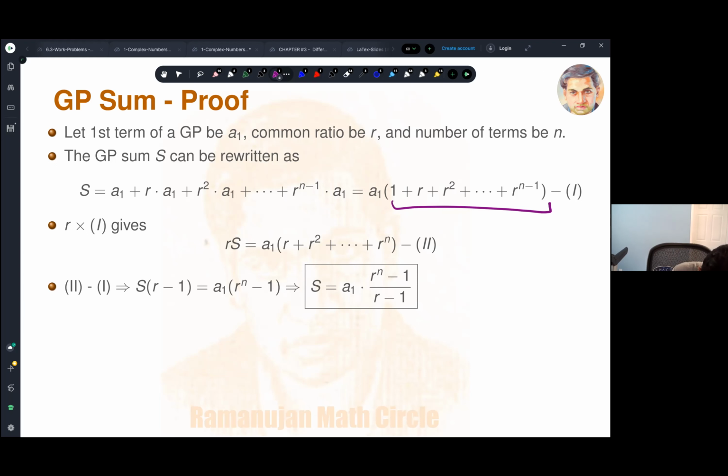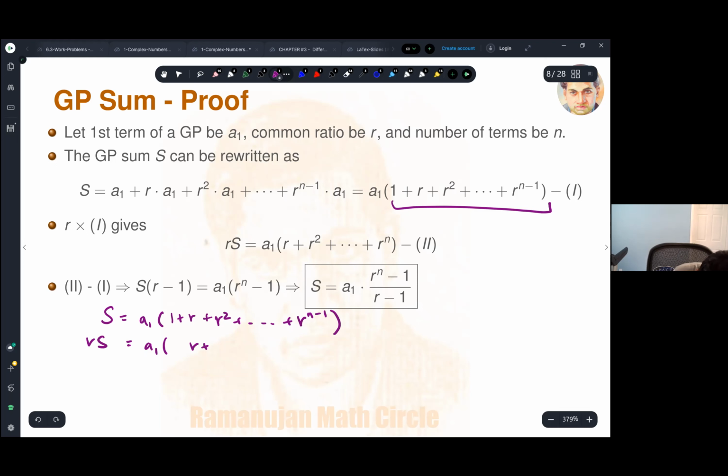So you get that s is equal to a1 times (1 plus r plus r squared plus so on and so forth plus r^(n-1)). But then rs is equal to a1 times (r plus r squared plus so on and so forth plus r^(n-1) plus r^n).